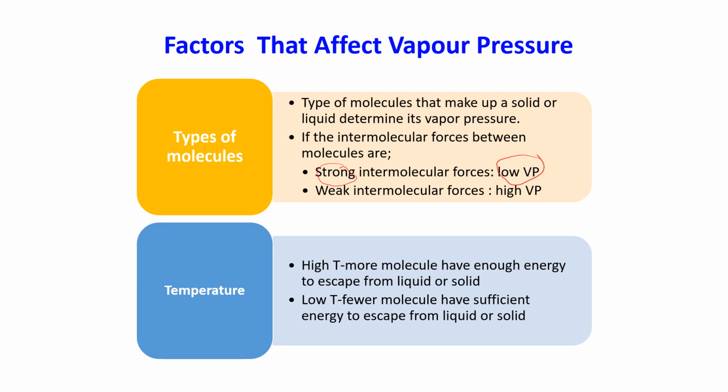If the intermolecular forces are weak, we will have high vapor pressure, meaning that the molecule is volatile. At high temperature, more molecules will have sufficient energy to escape from the solid or liquid, meaning that the molecules absorb heat in the form of energy for bond breaking. At low temperature, fewer molecules will have sufficient energy to escape from the liquid or solid.